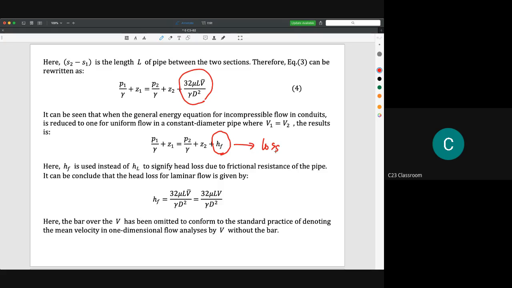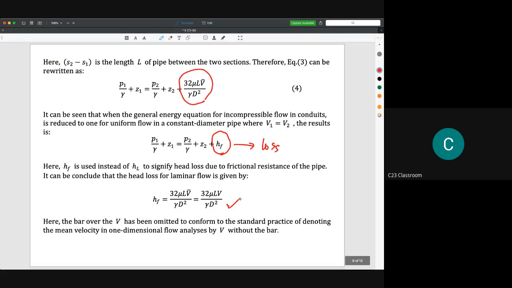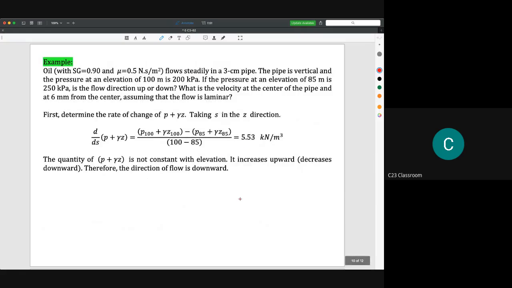Okay, what are losses actually? This is another note about this. Losses is something like this. For example, we have a tank here, and then we connect it with a pipe like this. The water will flow at a certain velocity, which depends on the height of the water. I think you learned this in fluid mechanics previously.